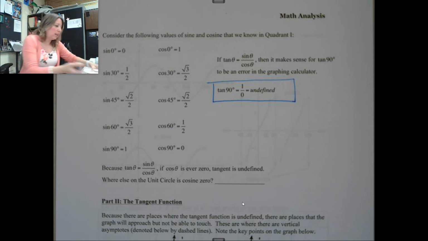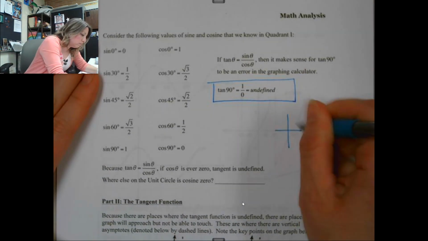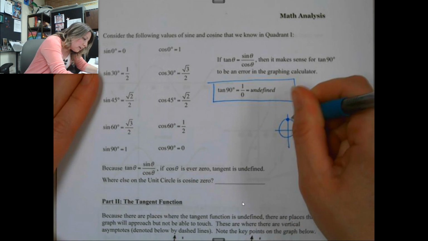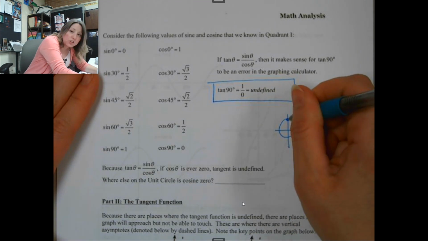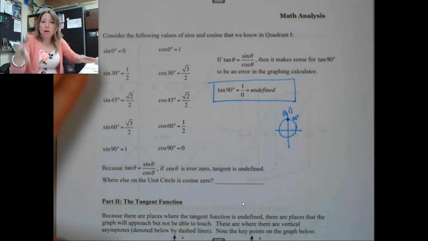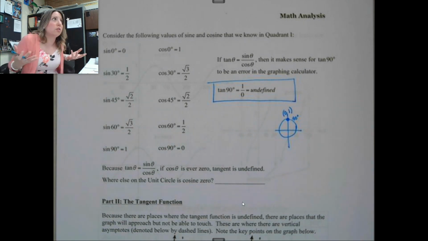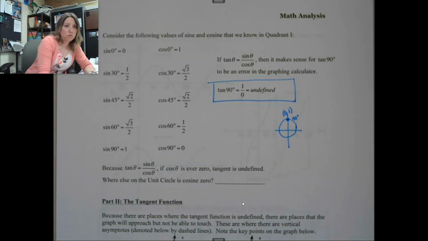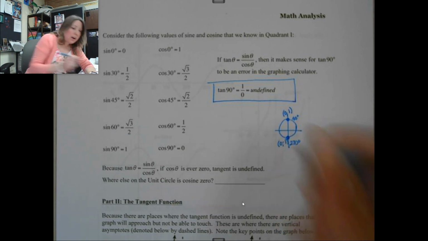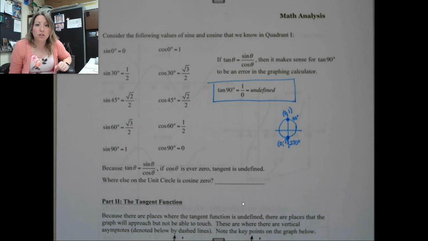Well, okay, let's consider the unit circle. This is not the only spot at 90 degrees. That's not the only spot where your x value is 0. Where else is your x value 0? So you're dividing by 0. At 270, you have an x value of 0 and a y value of -1.